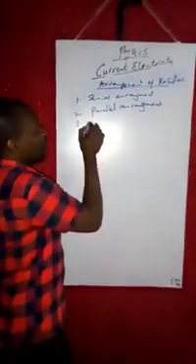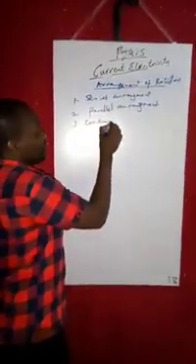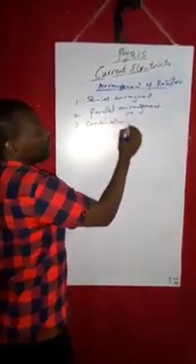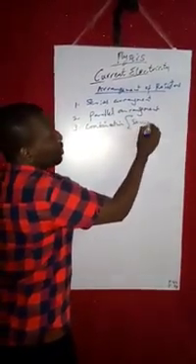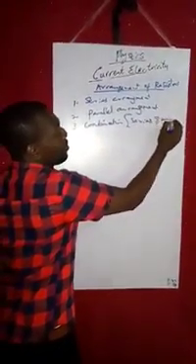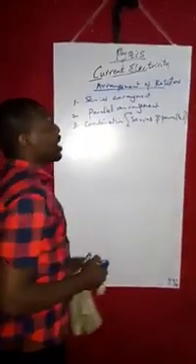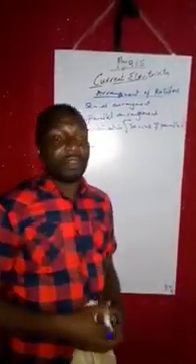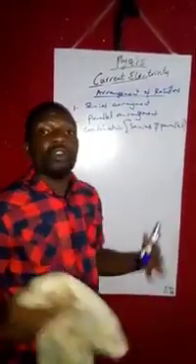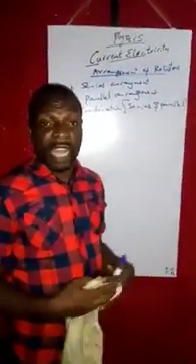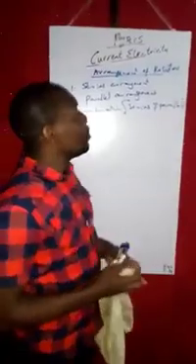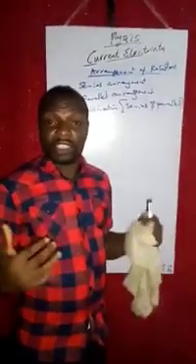And the third one is the combination, which is of series and parallel. So these are the three ways we can arrange resistors in a circuit.